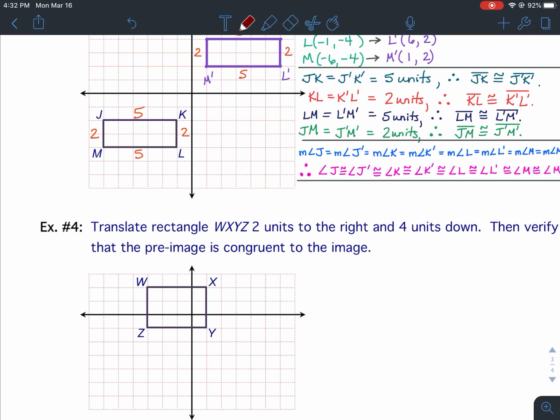So, we would state that all corresponding parts are congruent.